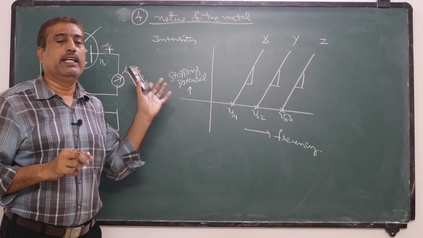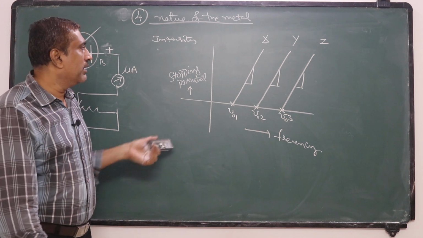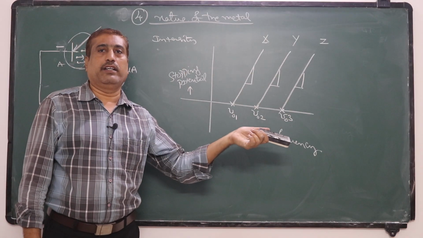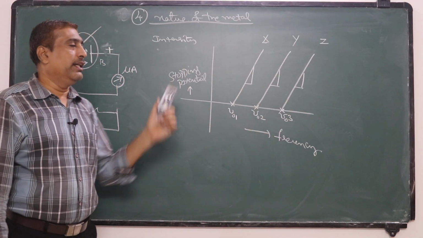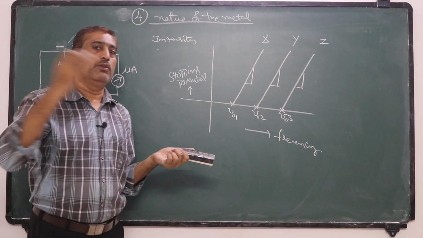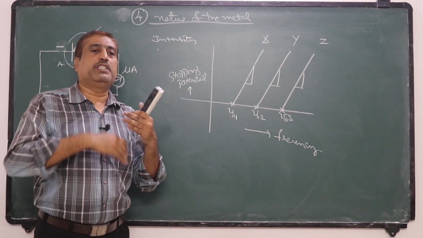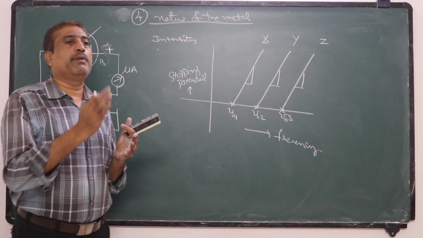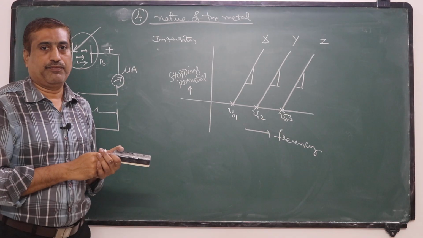And third, if we change the frequency of incident radiation, the stopping potential varies with the frequency. When we increase the frequency, the stopping potential also increases.